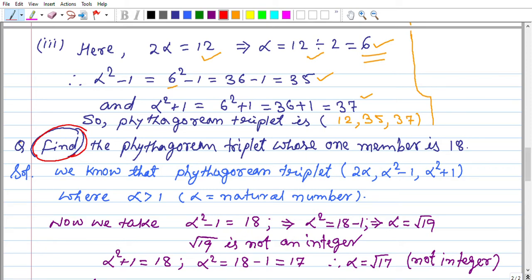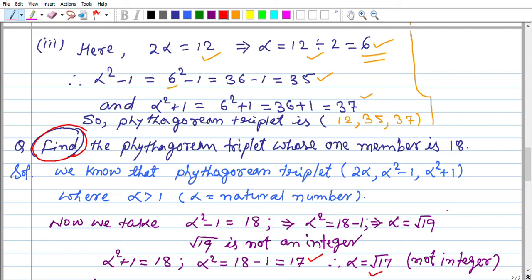Here alpha square equal to 18 minus 1 because I have transposed the 1 from left to right. Here it is plus and on the right it becomes minus. After computing, 18 minus 1 we get 17 and alpha equal to root 17. That means root 17 is not an integer.